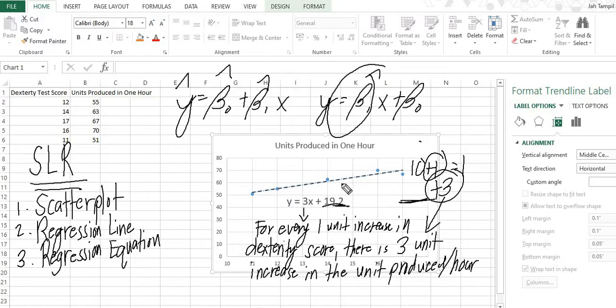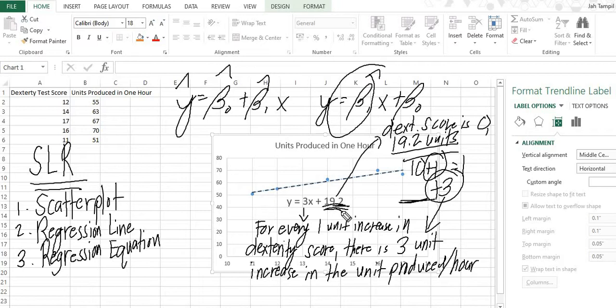For our 19.2, this means that if my dexterity score is 0, that means I can actually produce 19.2 units. So if my dexterity score is 0, though that does not mean I don't have dexterity, that just means that the score I got in the test is 0, I can still produce around 19.2 units.